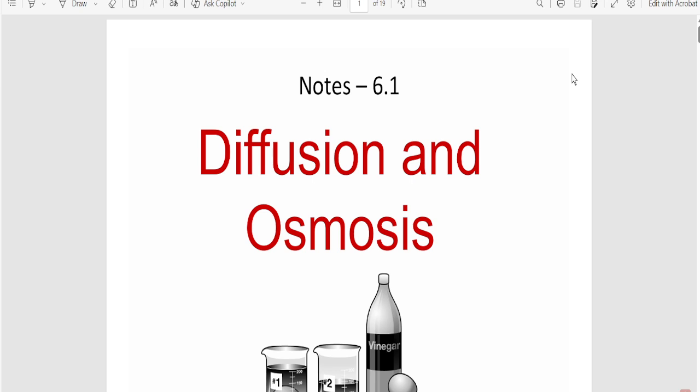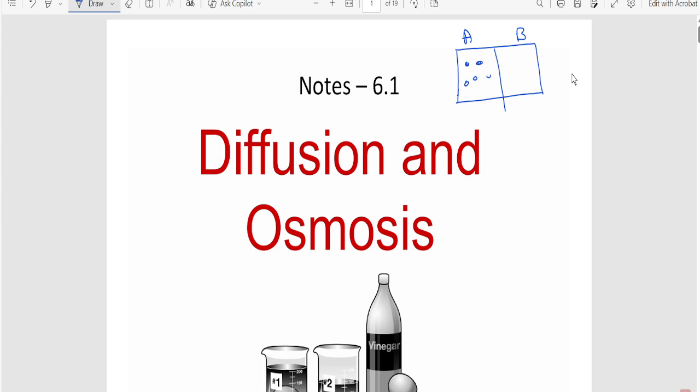I'm explaining it in a general way, but I will explain how it works in a cell. Suppose this is A and this is B, and there are some particles in A. These are particles on the B side, and this is the boundary separating the A and B parts, and in B we have three particles.